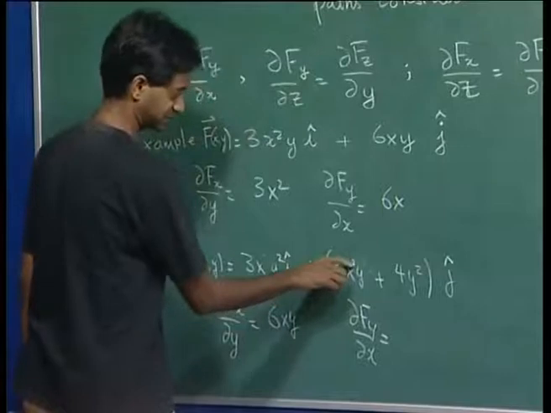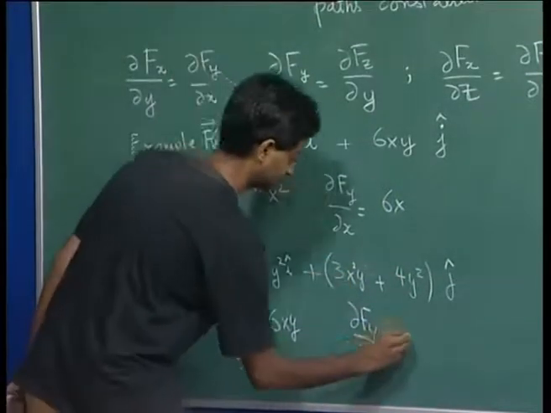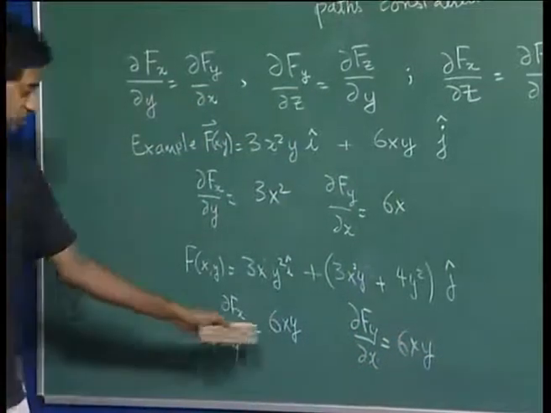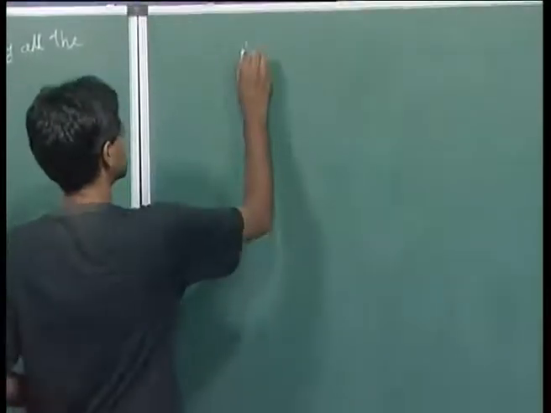If I differentiate with respect to x, this term contributes 0, this term contributes 6x into y. So it is equal, and therefore, this will be path independent. So this leads us next to what is called potential theory.